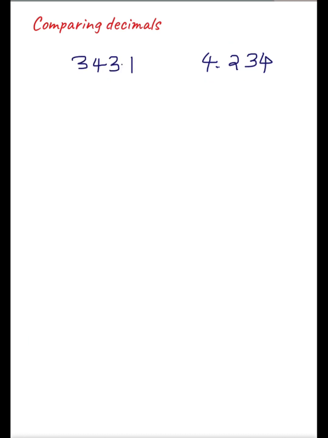Suppose this is our next example. Here also you have to compare the whole number part first. Here 343 is the whole number part, and here only 4 is the whole number part. So 343 and 4, which is greatest? 343.